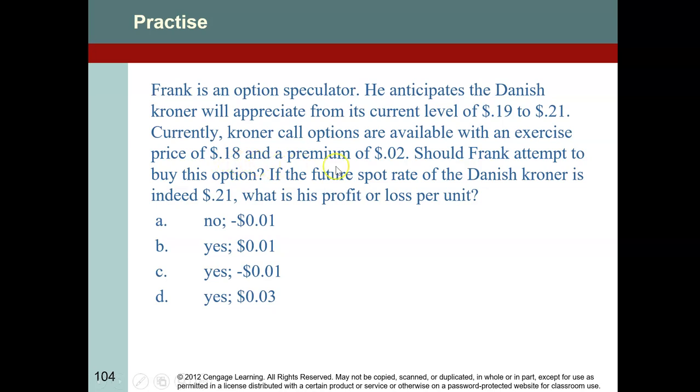We expected that the currency is going to go up to 0.21, which means we could have purchased the currency at a lower price and sold it at a higher price on the spot market. So yes, we should attempt to buy this option.